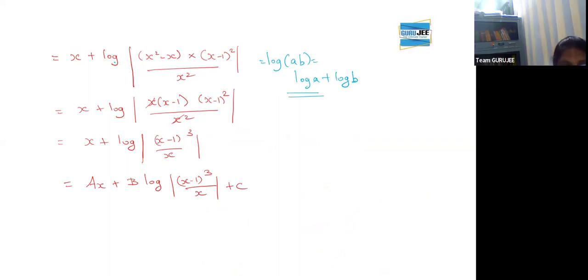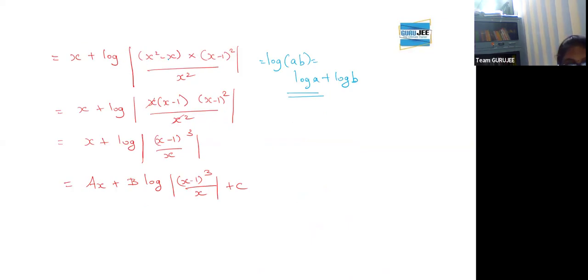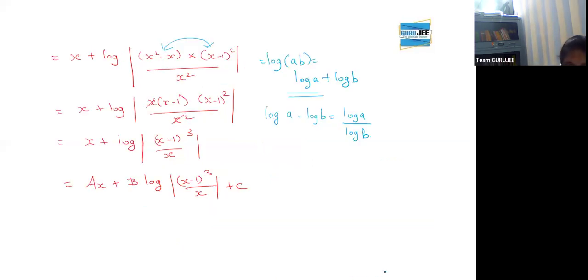Using this formula, log first term log second term இந்த ரெண்டையும் I have combined using product symbol. Again, log a minus log b can be written as log a divided by log b. This is another formula. Based on that, we have minus followed by a log and the function. Now I have got this as denominator.